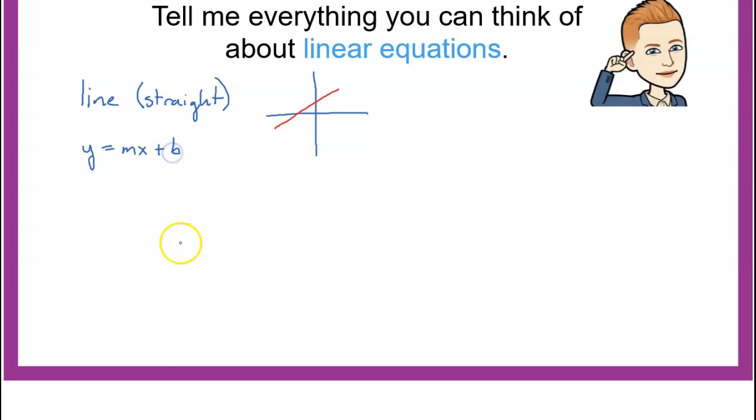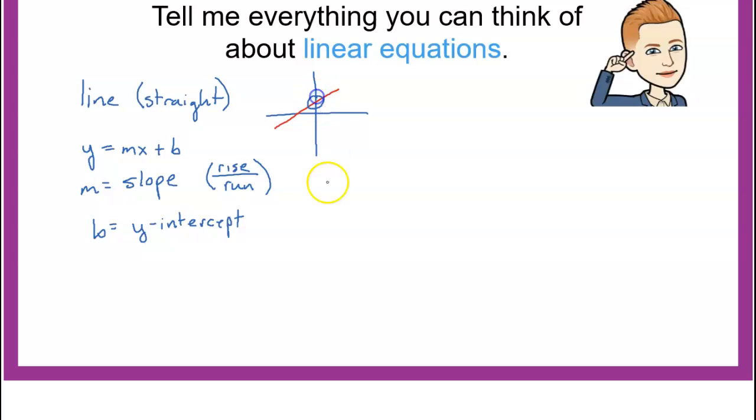We called that slope-intercept form, which also means there are a couple other features that were necessary to write that equation. We have the slope, which is described by the rise over the run. And then we also had the y-intercept. That's where the graph crosses the y-axis, right here.